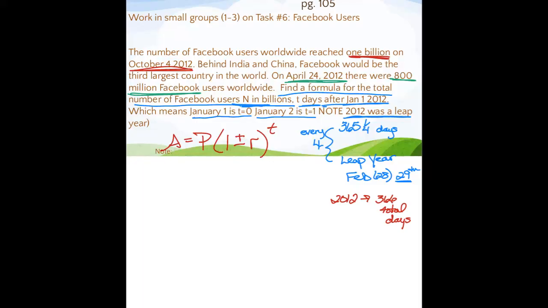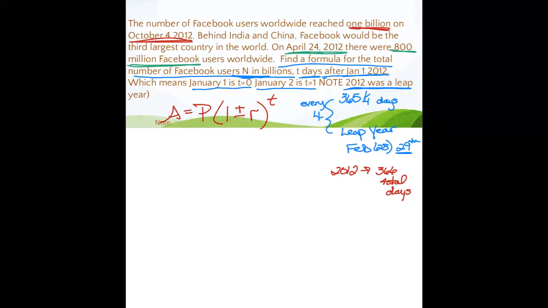Because at the same time, we're saying on October 4th, we had 1 billion. All right? So we really need two equations going on here. We need two equations, one for each of the times they are giving us.